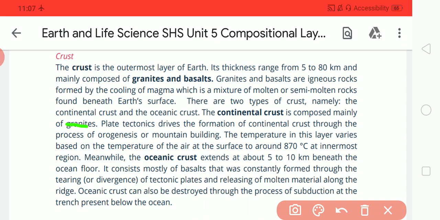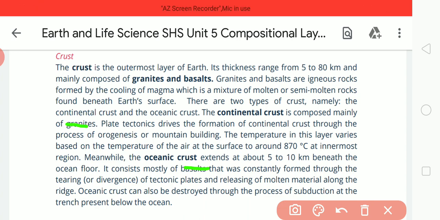Underneath the ocean floor are big layers of oceanic crust. Oceanic crust consists mostly of basalt that was constantly formed through tearing or divergence of tectonic plates and releasing of molten material along the ridge.